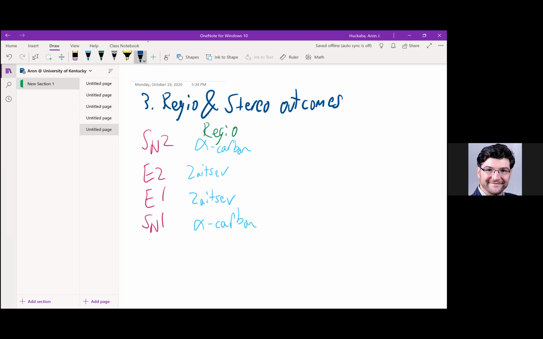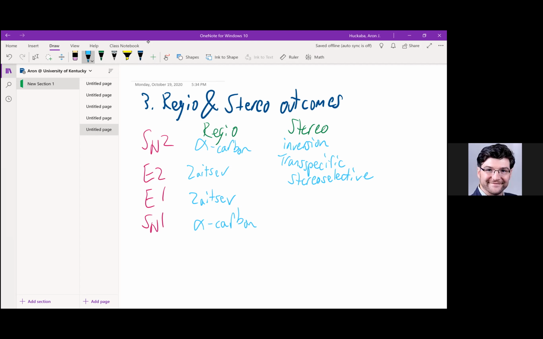There are also some stereochemical outcomes to remember. In SN2, you have inversion of configuration. In E2, it is stereospecific, meaning it has to be in an anti configuration to make the E2 reaction happen.